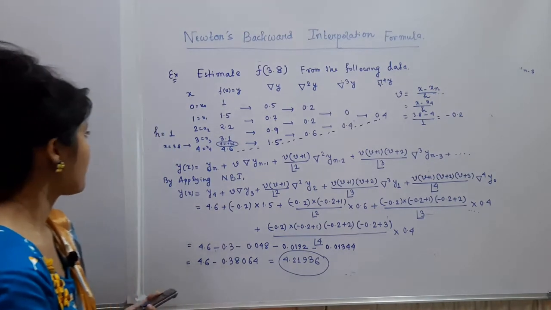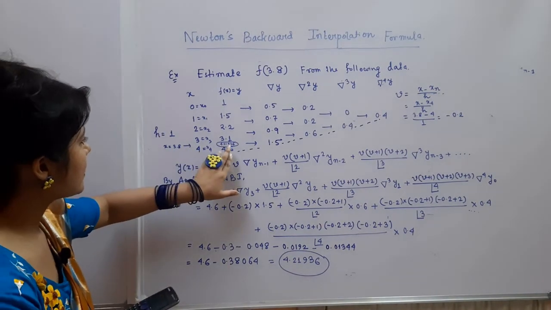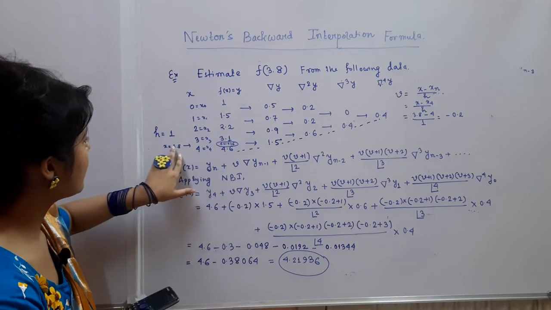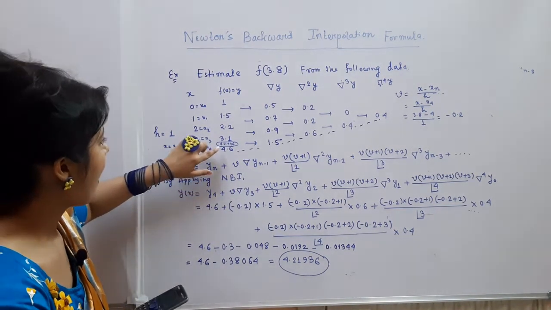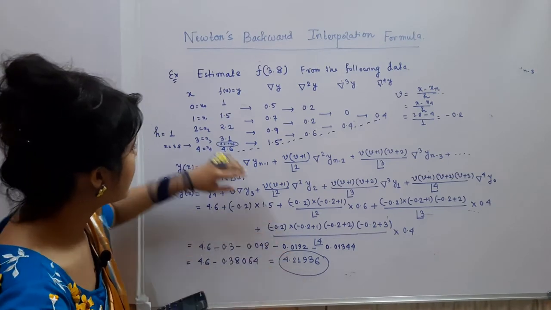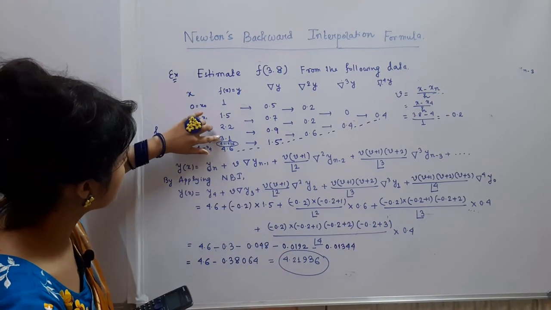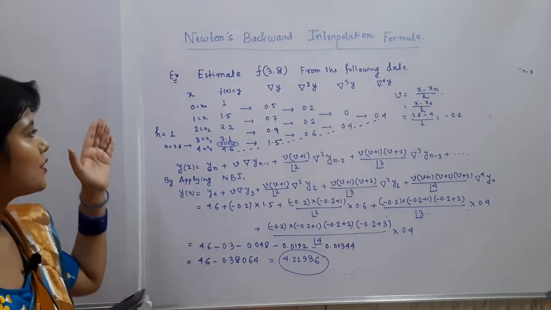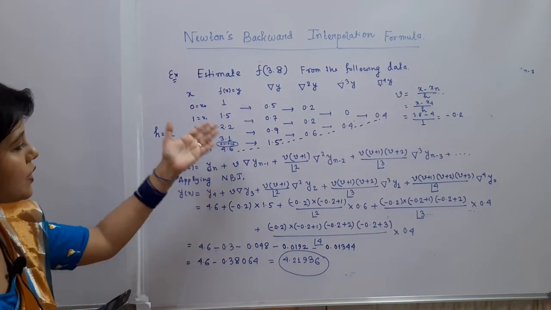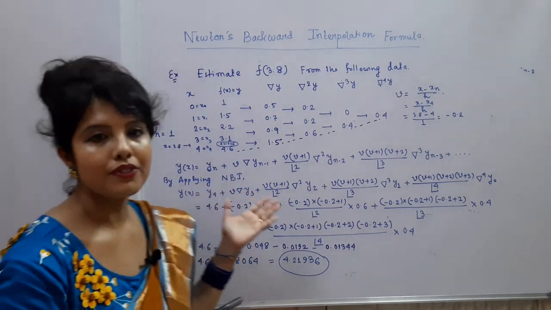So therefore you have already estimated y for the value of x equal to 3.8, and this required value is lying between 3.1 to 4.6. Okay, so it is clear.